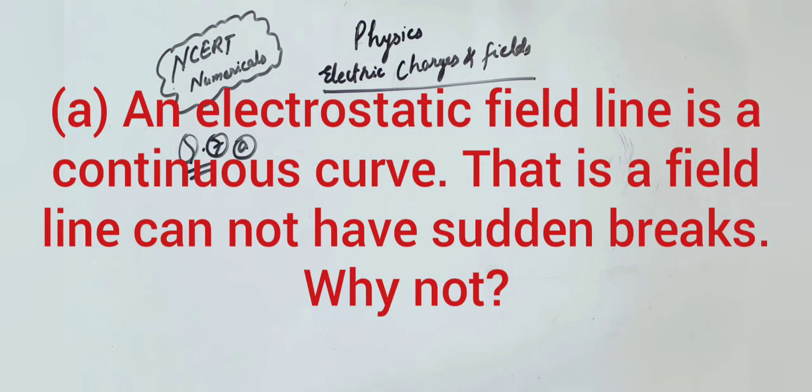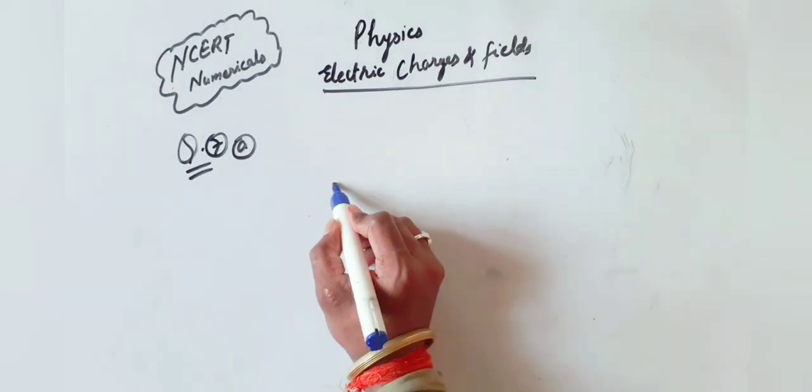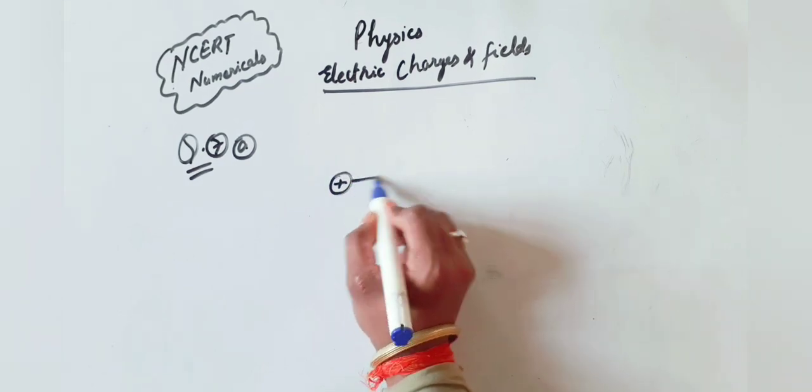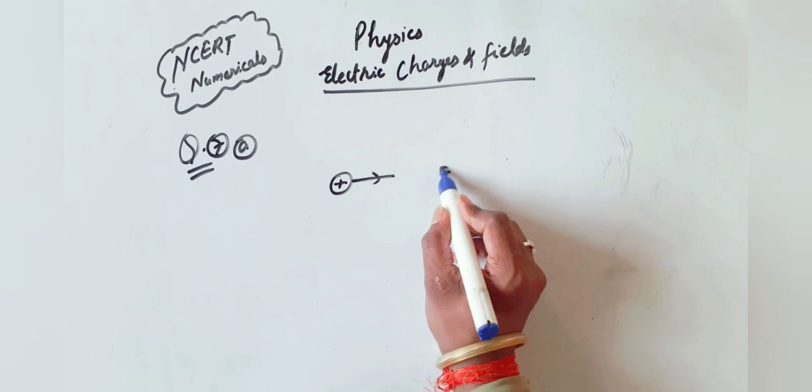Now question number 7. In the first part: an electrostatic field line is a continuous curve, that is, a field line cannot have a sudden break. Why not? This is also a theory based question. As we know, electric field lines always emit from a positive charge and end on a negative charge.